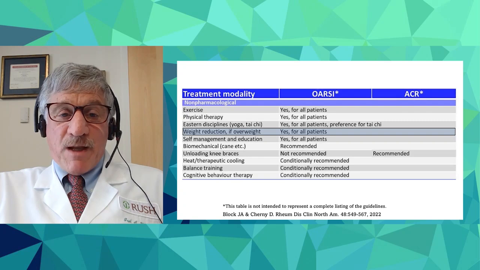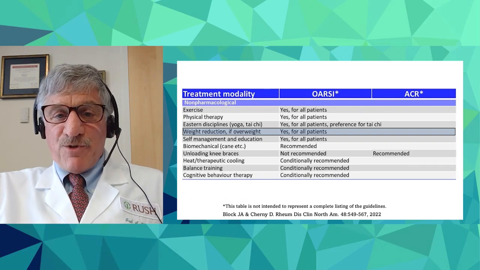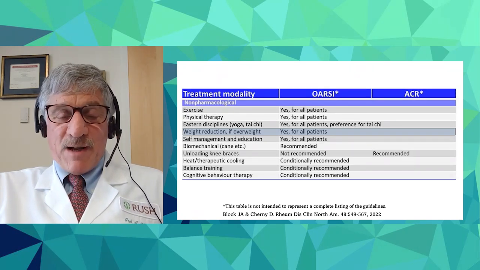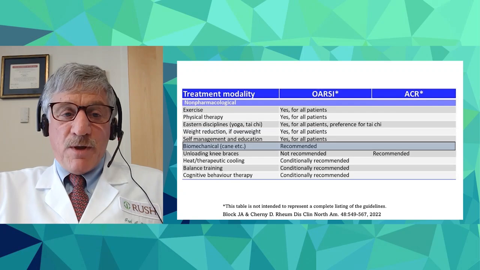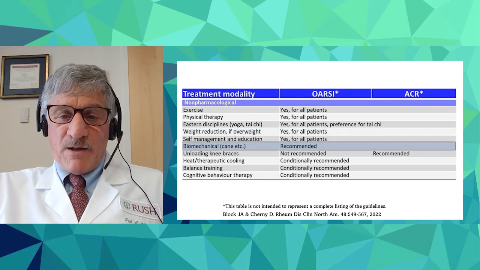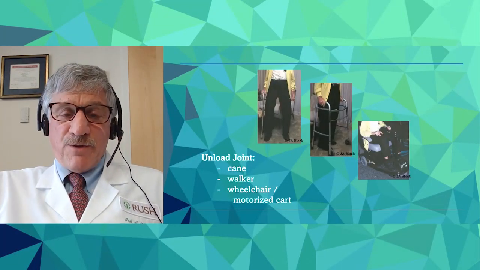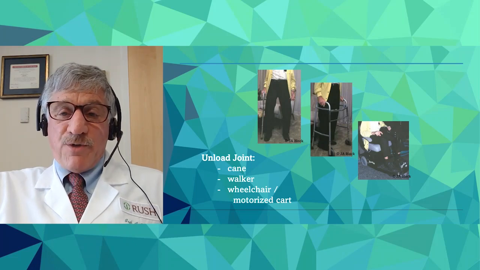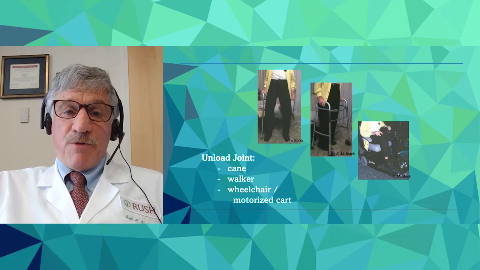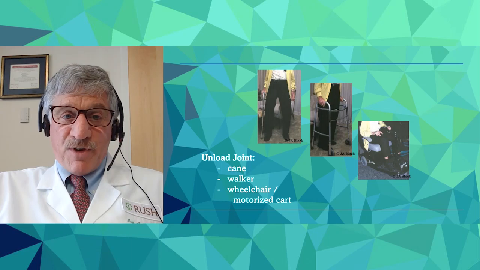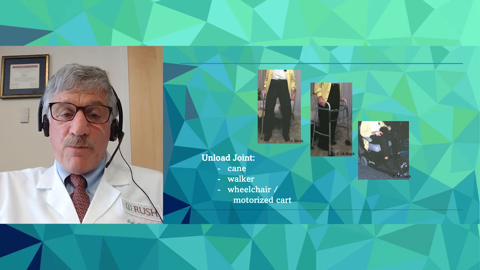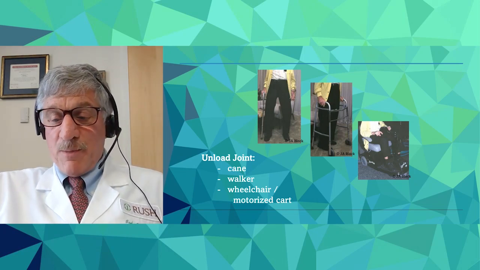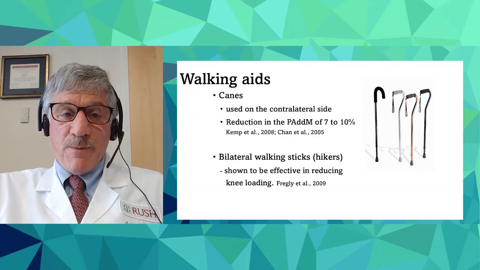Weight reduction remains incredibly important, but largely impractical for the general population, at least durably. But I don't want to forget biomechanical modalities, principally canes, walkers, and importantly, motorized carts. The canes can unload the arthritic joint and over long periods of time can be very effective. The motorized cart can serve to maintain independence in the community.